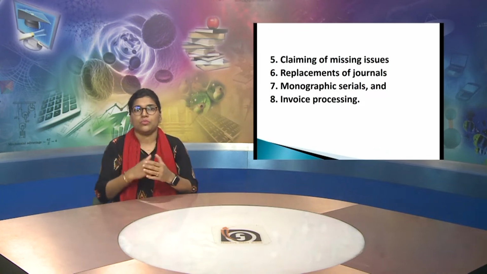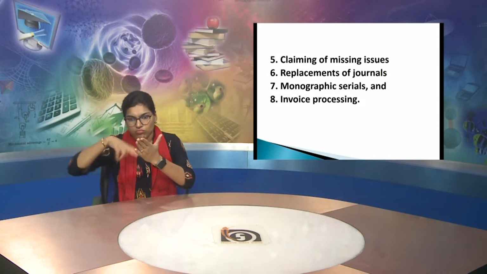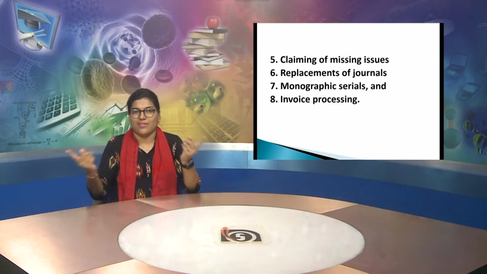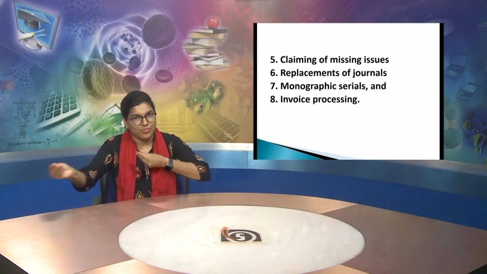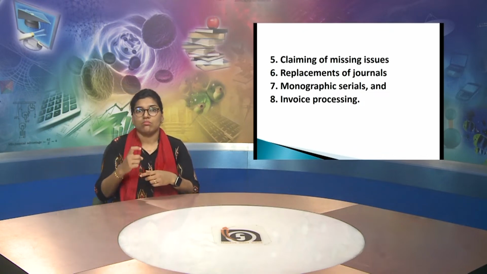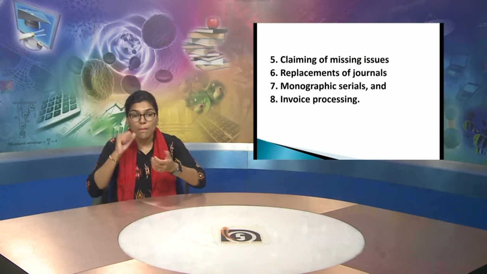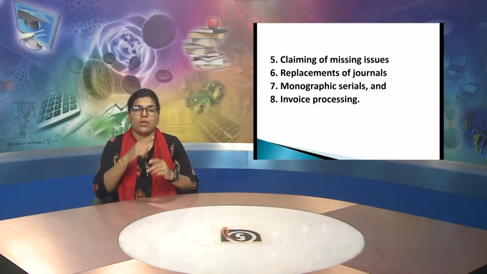If any issue is missing, then we can easily find the missed journal. Point number 6 is replacement of journal. Because we know that there are serial numbers, so we can easily find the missed or replaced journal.